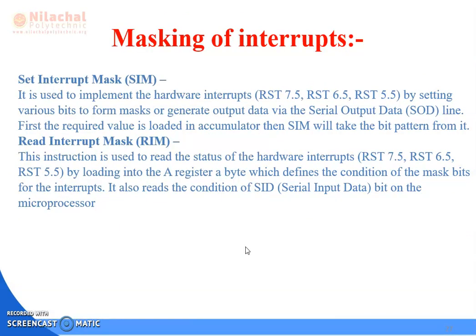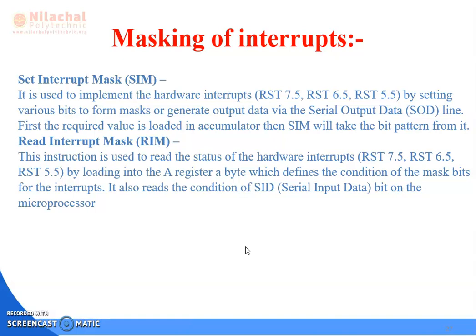Next is masking of interrupts. Masking means disabling of interrupts. Two instructions are used for this. One is set interrupt mask, SIM, and the second one is read interrupt mask, RIM. So what is SIM?